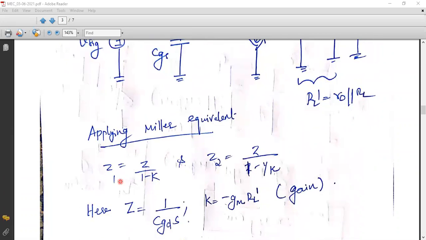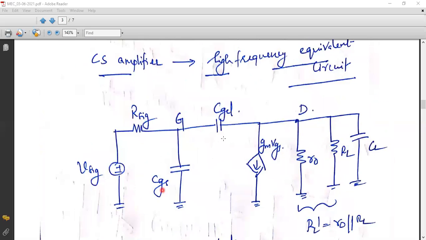For this, I should write our results, whatever we got earlier. So kindly write down those results. Z1 is equal to Z by 1 minus K, and Z2 is equal to Z divided by 1 minus 1 by K. So first, let us define what is Z. Z is the impedance corresponding to our capacitance.